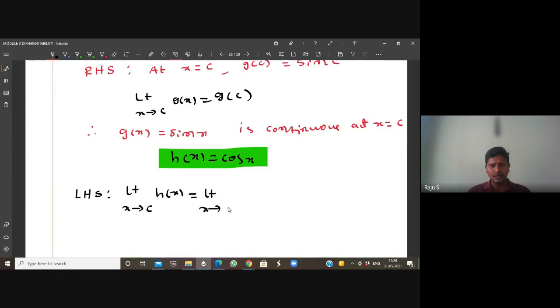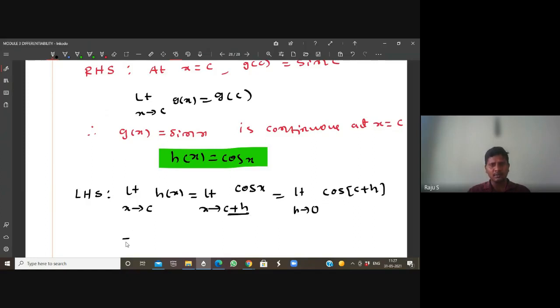I said x tends to c plus h, same procedure. The h of x value is cos x. Now I want to convert in terms of h. As h tends to 0, whenever I write h tends to 0, replace x by what? x by c plus h.